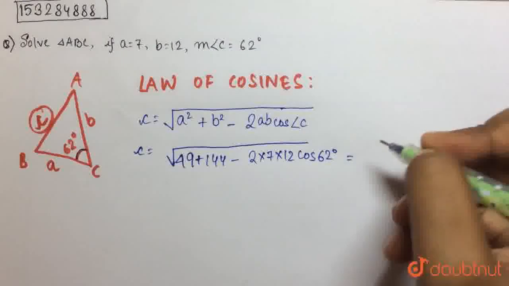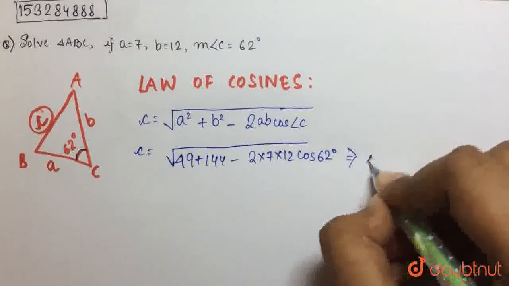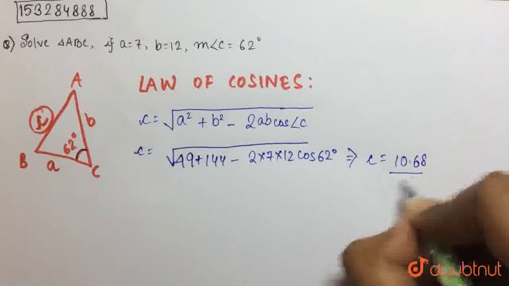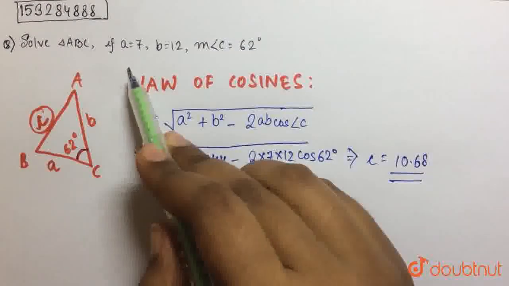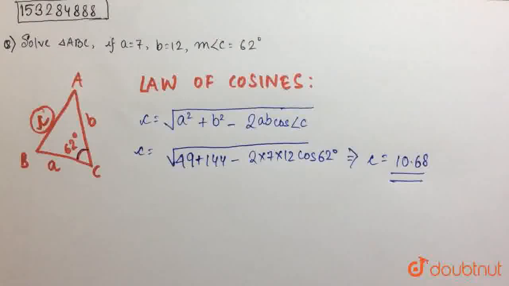And that gives us an answer for c equals to 10.68. All right. So now we have the values of a, b, and c.